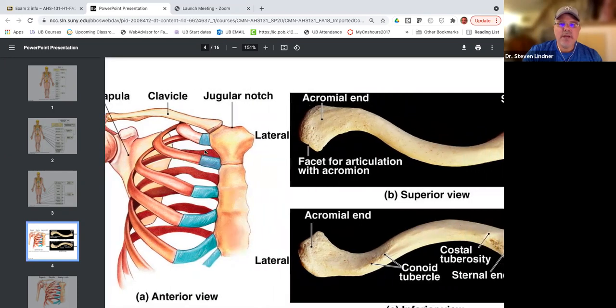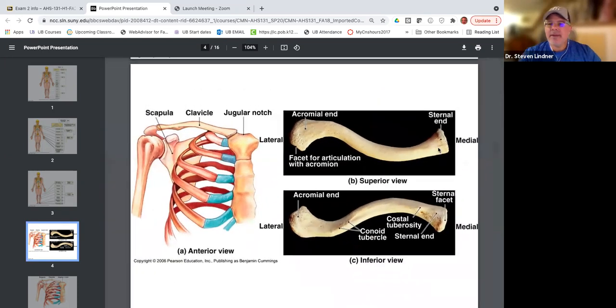So when we look at the clavicle, on the top, the medial portion is called the sternal end because it makes a joint with the sternum. It's referred to as the sternoclavicular joint.